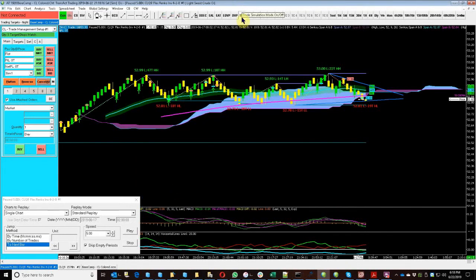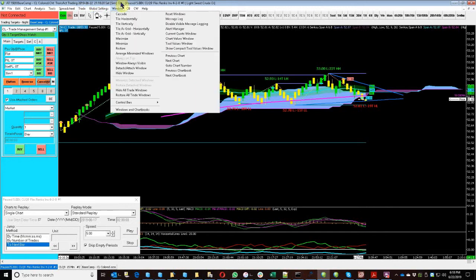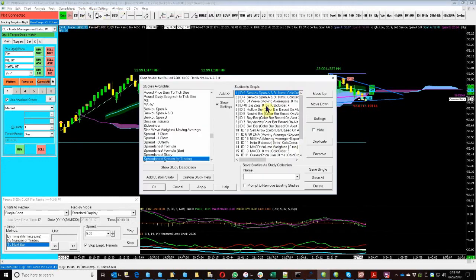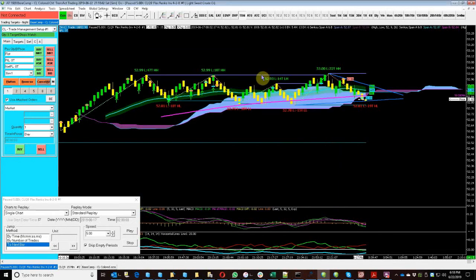So if you're in trade simulation mode, which is off the trade menu, trade simulation mode on, that absolutely has to match send orders to trade service here. If it doesn't, if you say send trade orders to trade service yes, and you're in simulation mode, it won't send any orders at all, or vice versa.